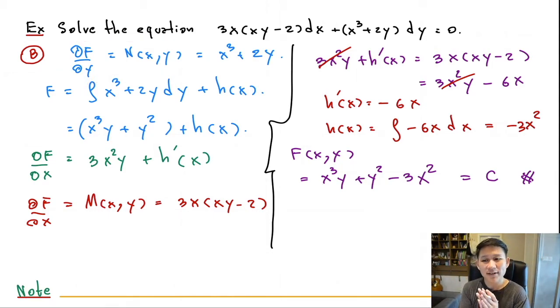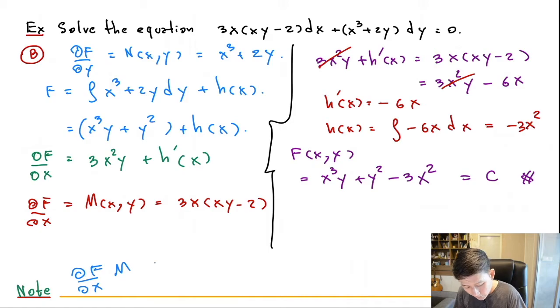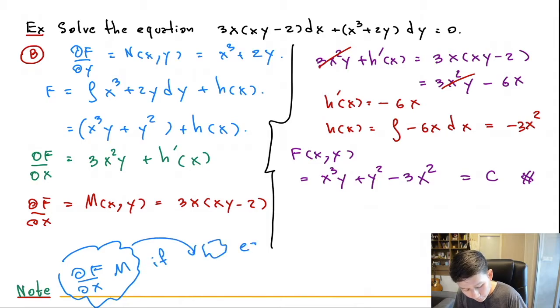Okay, this is the direct method. But guys, note that even though they give you the same solutions, I'd begin with df by dx equals M if this is easy to integrate.